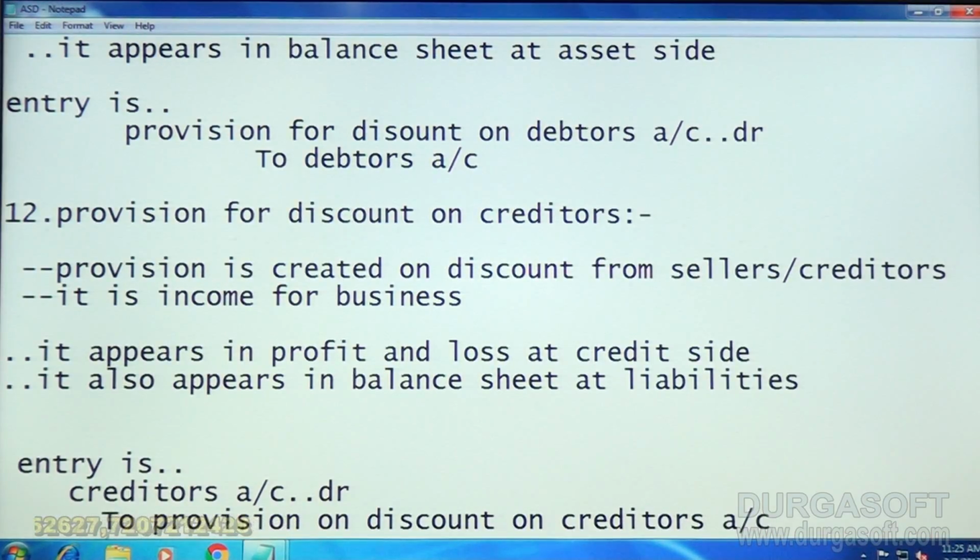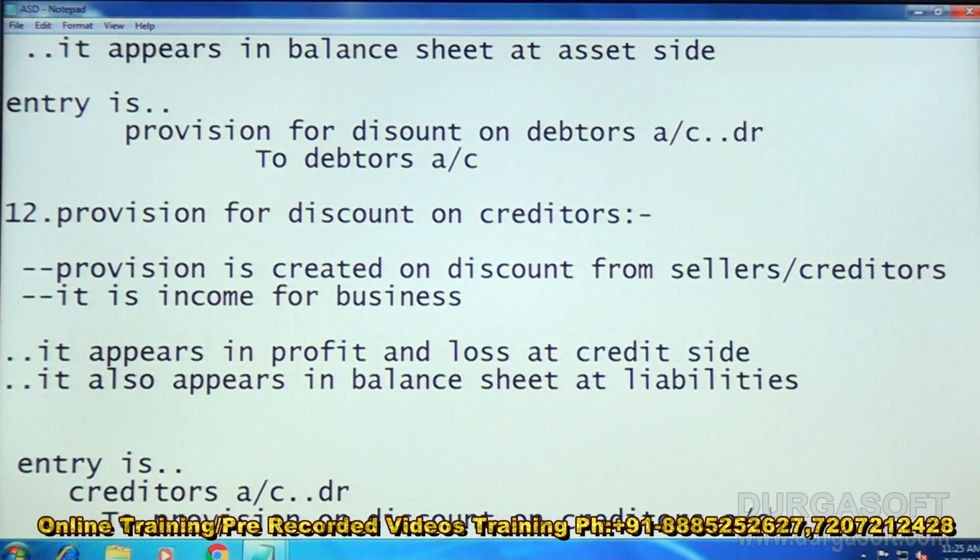So these all are the adjustments which we will face in a business or in any transactions. We have 12 adjustments here, and we need to create them based on a particular asset or any particular transactions.